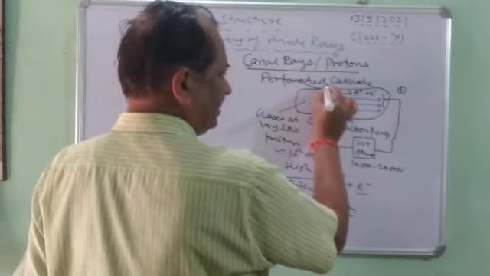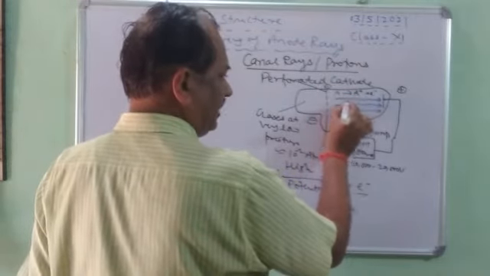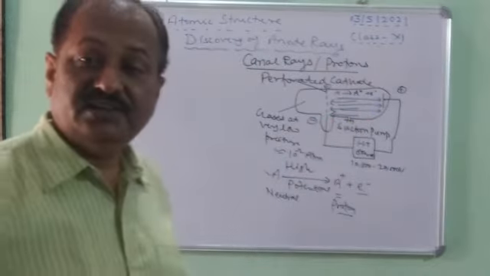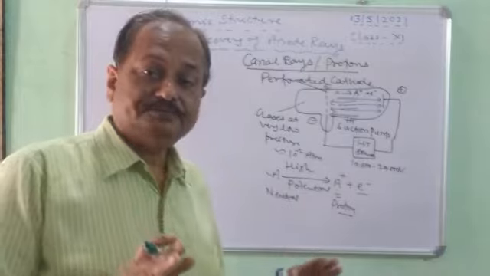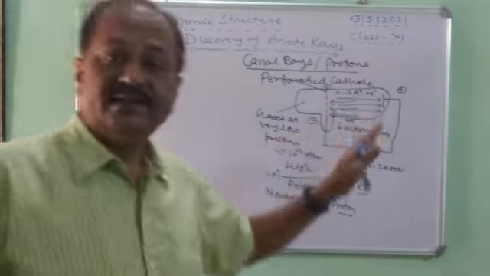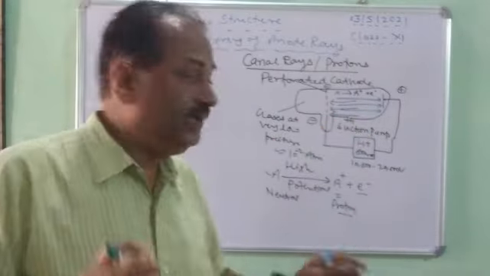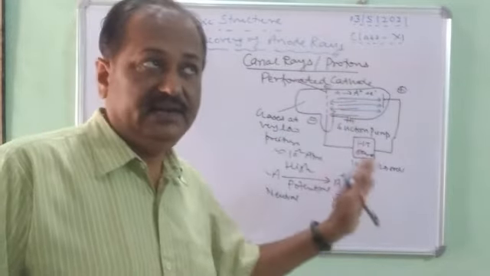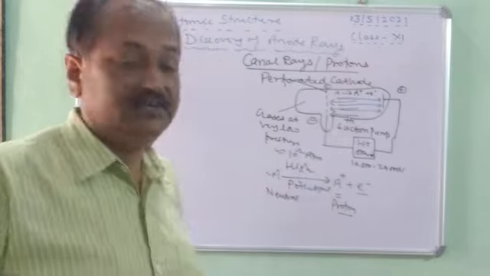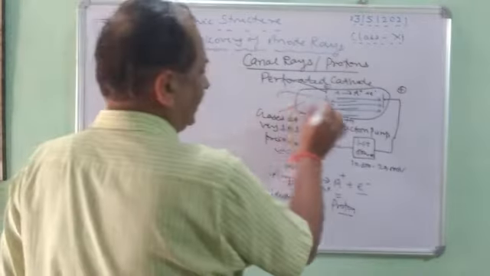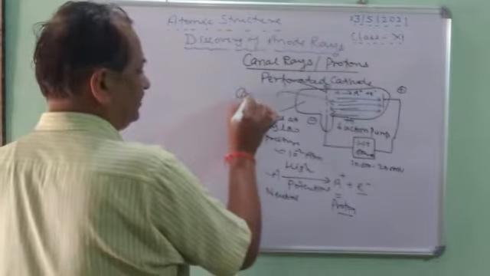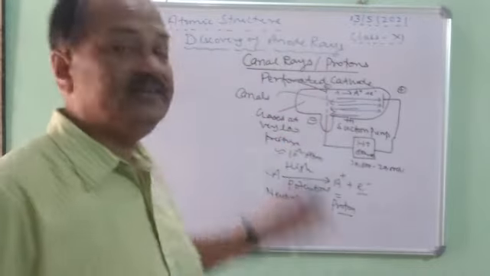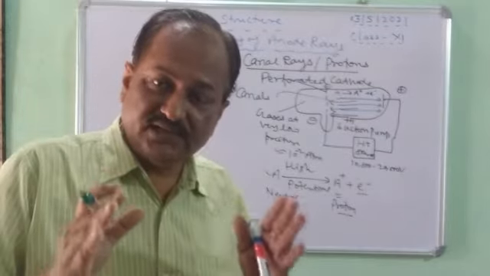Here the charge is negative, so these A particles will move towards this, and as the light is very faint, see, the canals are appearing here. These have a canal-like appearance, and so they are called canal rays. Actually they are the canal rays.